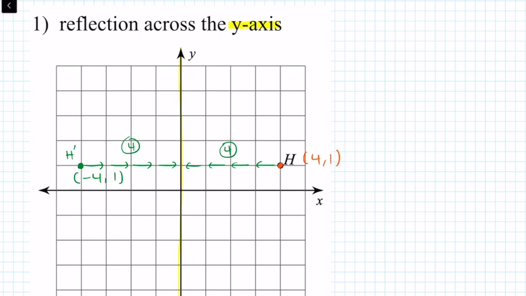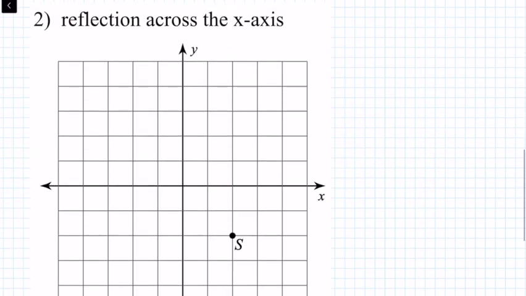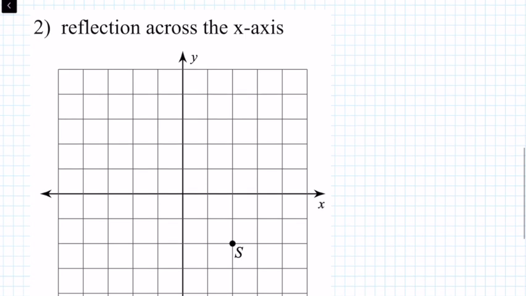Okay? Let's check out a different situation where we might have a different line of reflection. So in this next example, the directions are to reflect the point S across the x-axis. So now we are given that line of reflection. Instead of that vertical line, we now have a horizontal line of reflection.